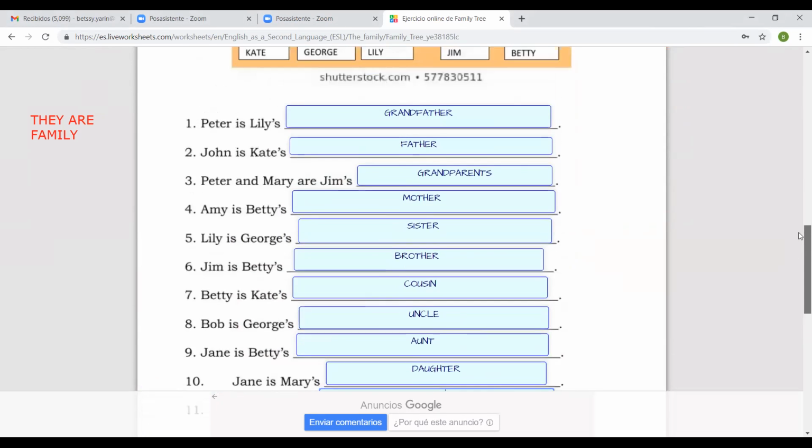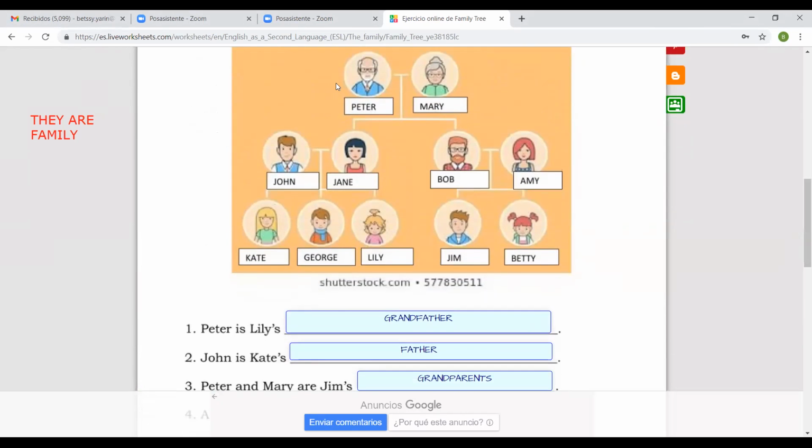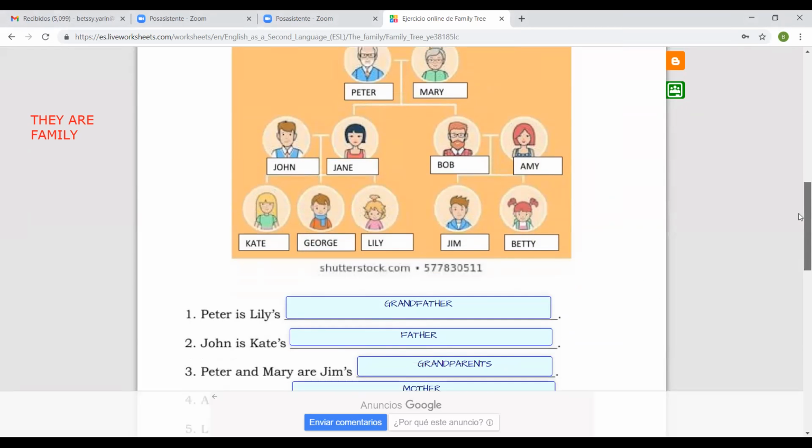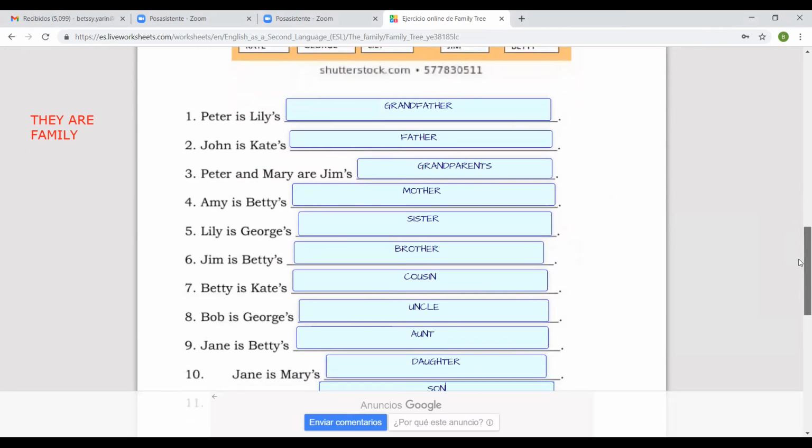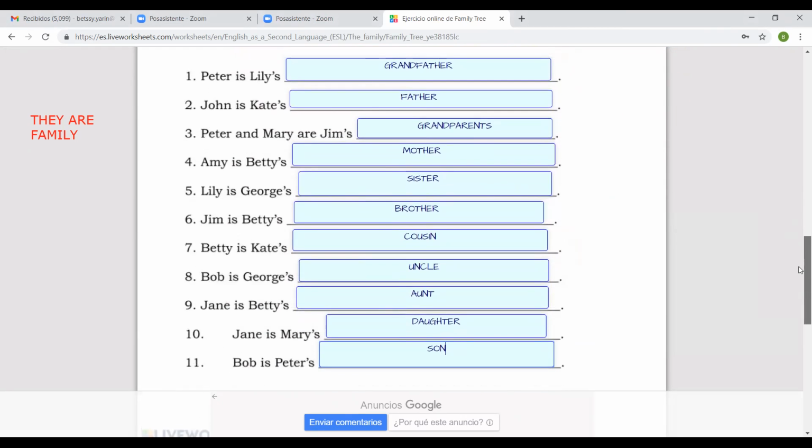Is it okay? Do you have problems with vocabulary here? Chicos, ¿todos bien con el vocabulario? Yeah, it's okay. Very good. So we are going to practice with the word cousin. Algunos lo pronuncian distinto.